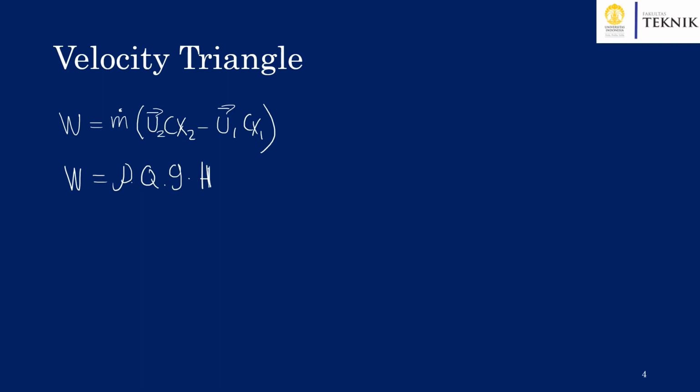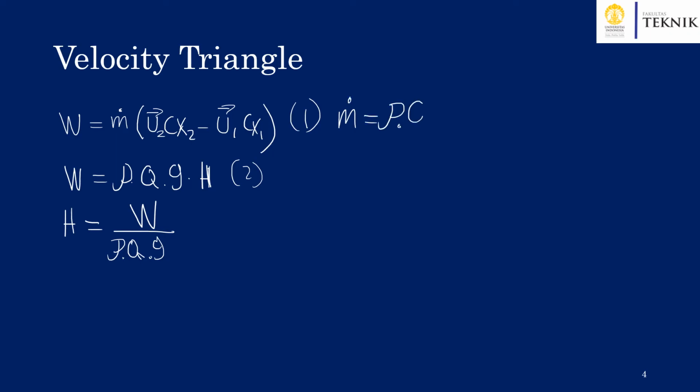Or we can rearrange this second equation into the head form, so now head is equal to power divided by density, Q, and gravity. As for the first equation, we know that m dot is equal to density multiplied with the volume flow rate. So m dot is equal to rho and Q.